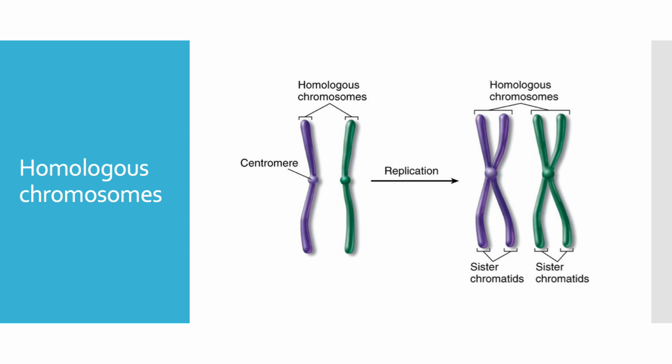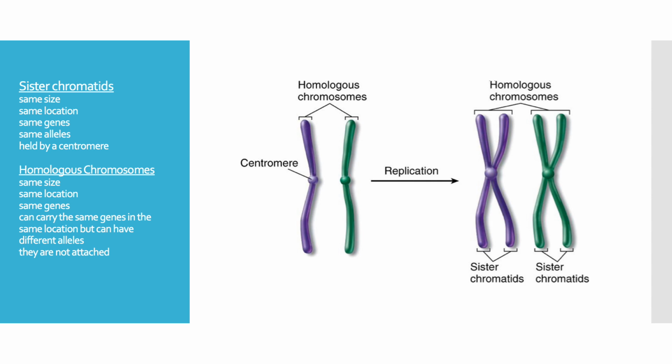The sister chromatids are attached together at the centromere. Sister chromatids are going to have the same size, the same location, their genes are going to be in the same spot, and they're going to have the same alleles.